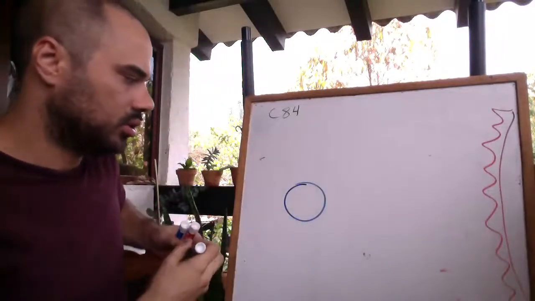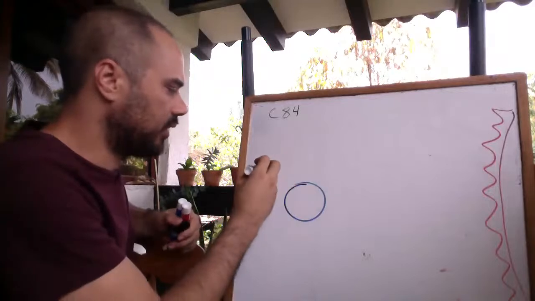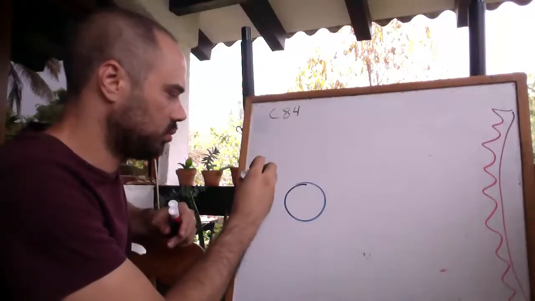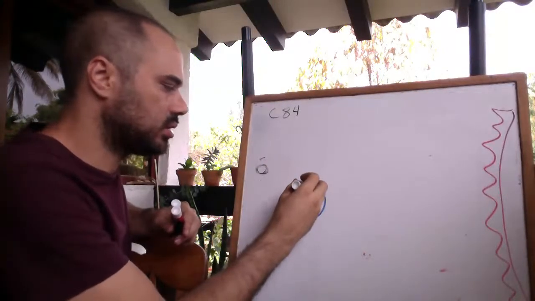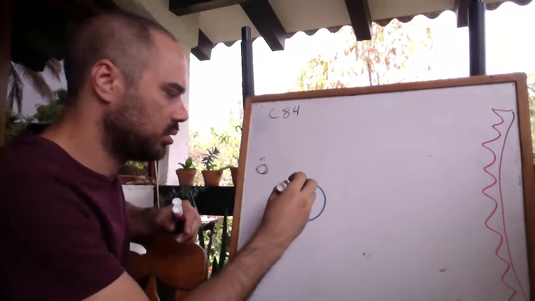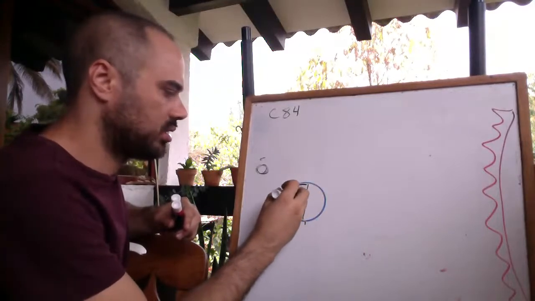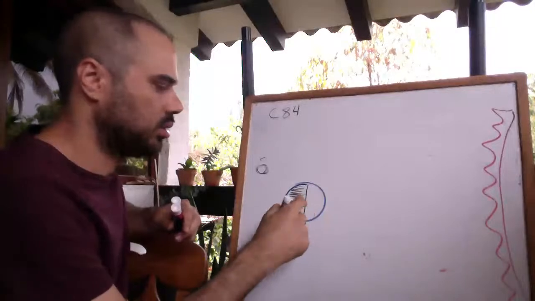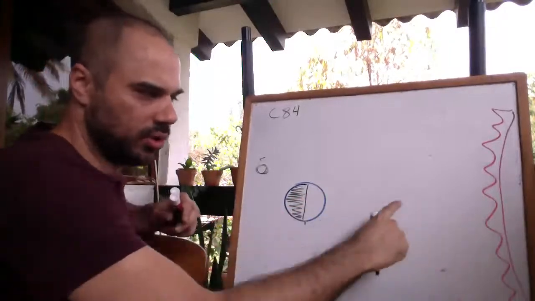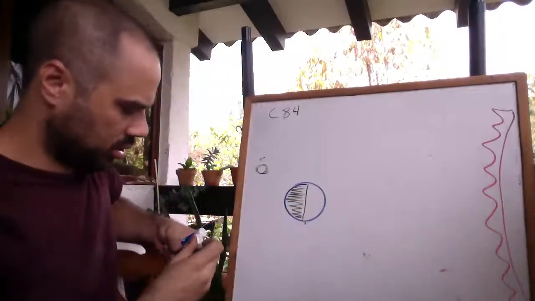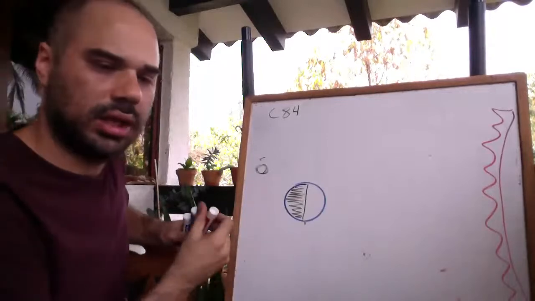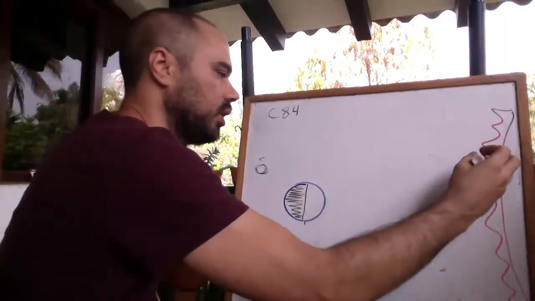So remember that this is day and this is night. So on this side you have the day because you have the sunlight, and on the other side it is night. So let me make some sun rays over here.